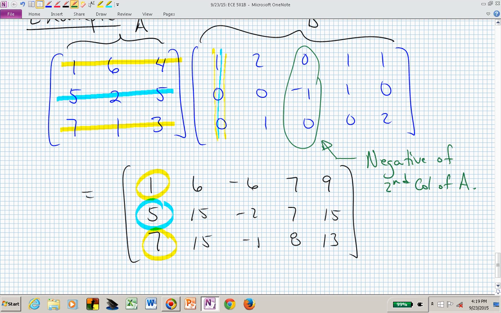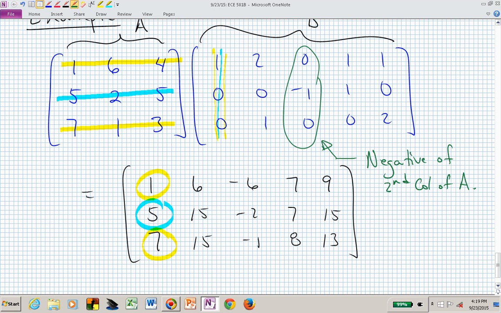It's a nice way to think. And what does this tell you? This tells you that all of those columns in the result are linear combinations of those 3 columns in A. You can't get anywhere else than those linear combinations of the columns in A by post-multiplying by any matrix that's 3 by whatever.